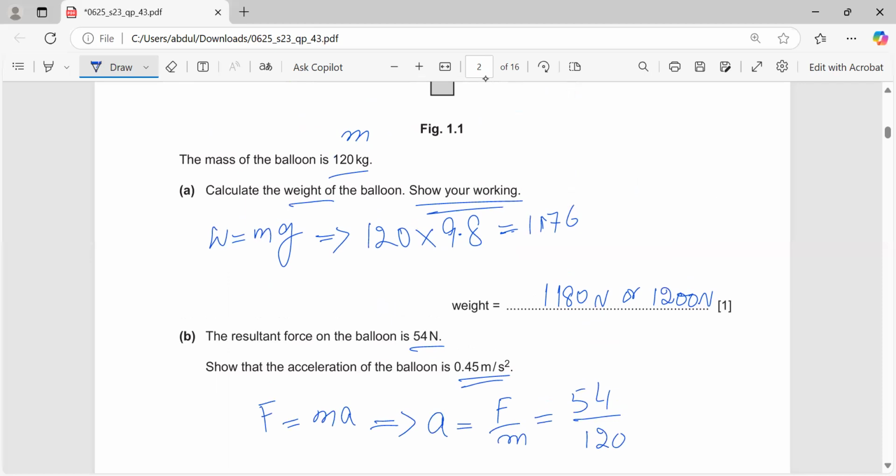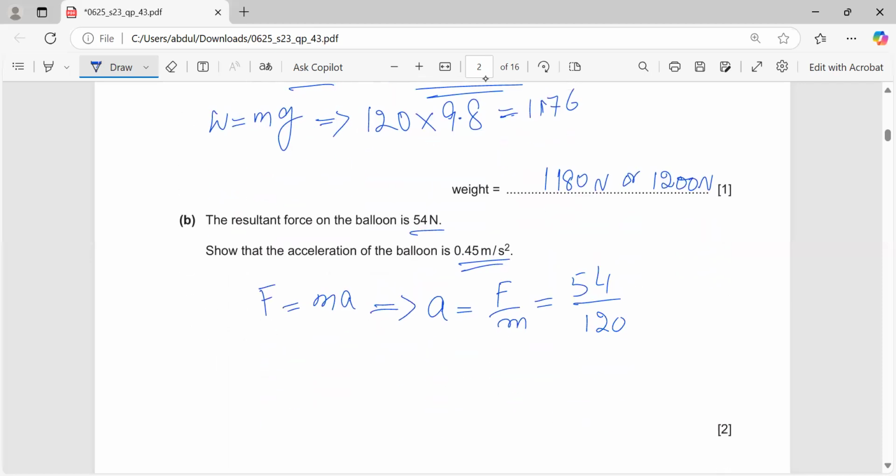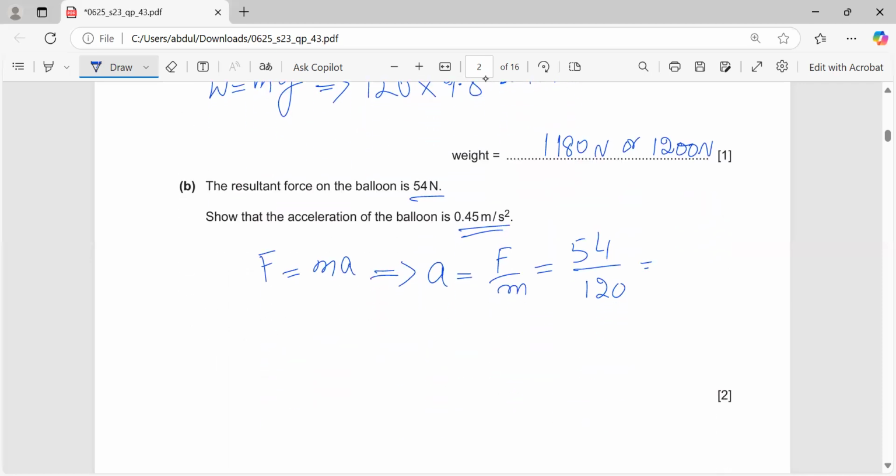When you simplify, you get 0.45 meters per second square. Let's confirm it: 54 divided by 120 is equal to 0.45 meters per second square.